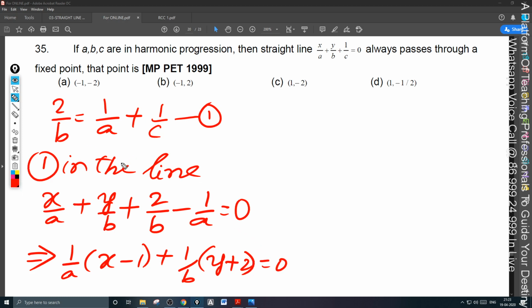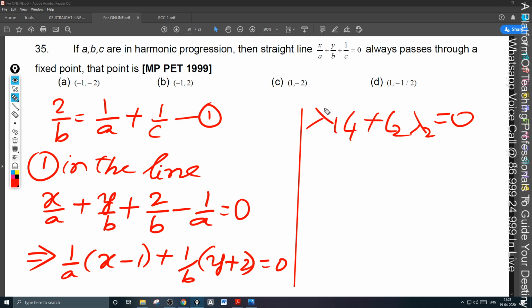Now it is in the form of lambda 1 L1 plus lambda 2 L2 equal to 0.